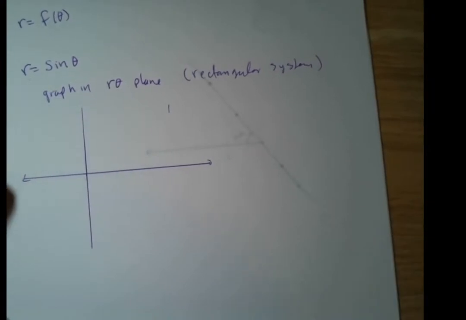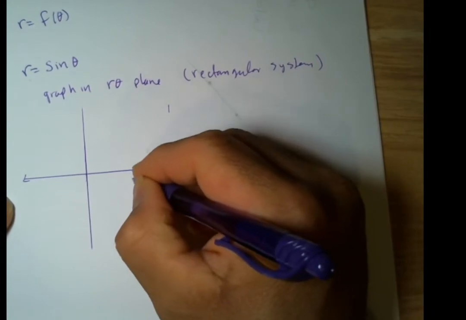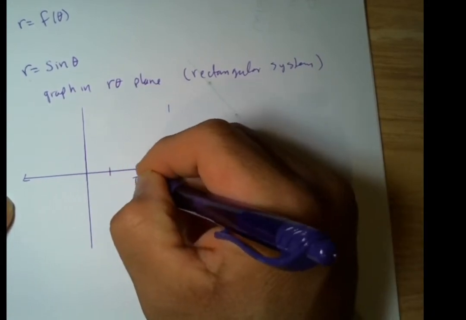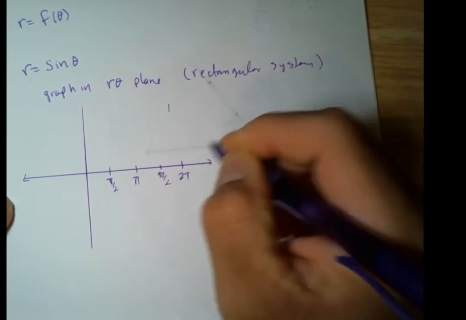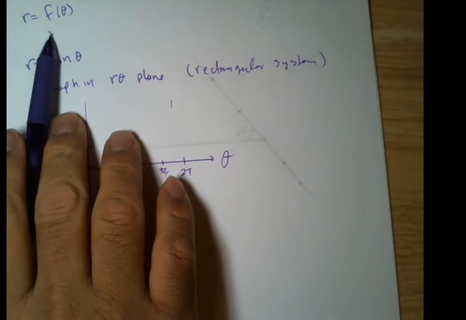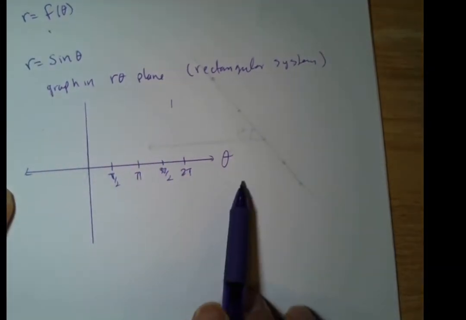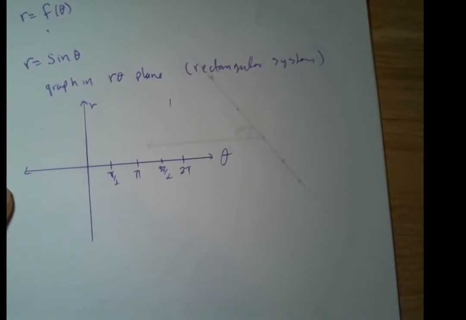And I'm going to graph one cycle here of r is equal to sine of theta. Again, in this formulation, we think of theta as the independent variable and the value of r as our dependent variable.